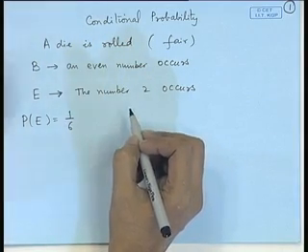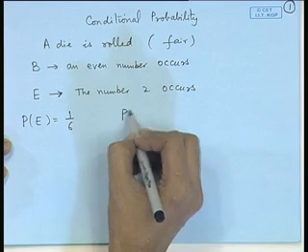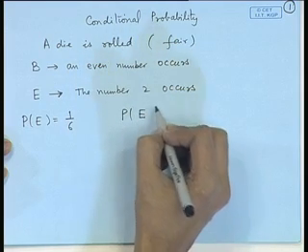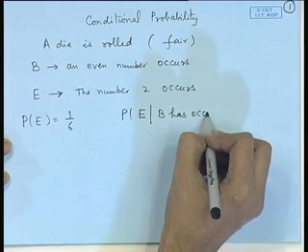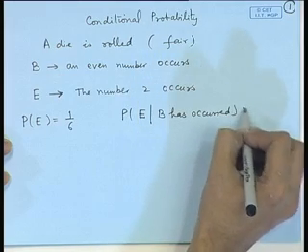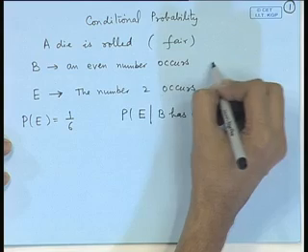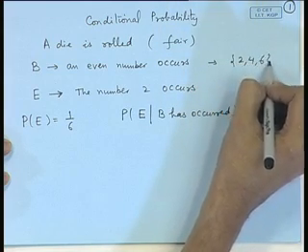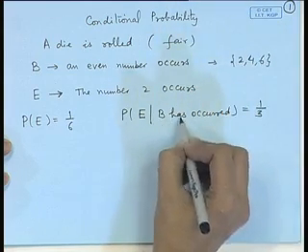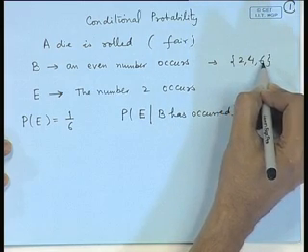However, if I know that an even number has occurred, then the probability of E given that B has occurred is 1 by 3, because B has elements 2, 4 and 6. That means my sample space has been restricted to 3 elements, 2, 4 and 6.